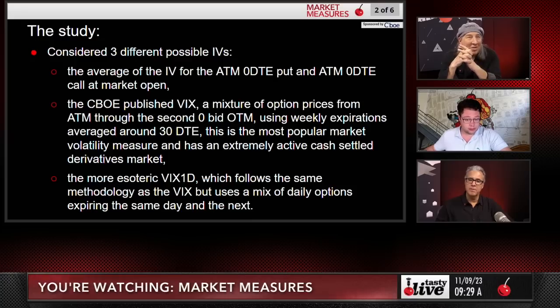This is the most popular market volatility measure and has an extremely active cash-settled derivatives market. That's the primary. And then the more esoteric VIX one day, which follows the same methodology as the VIX, but uses a mix of daily options expiring the same day and the next.